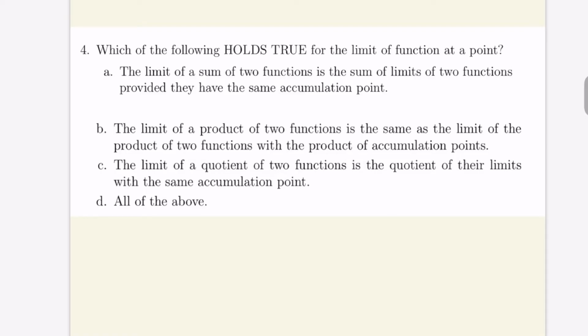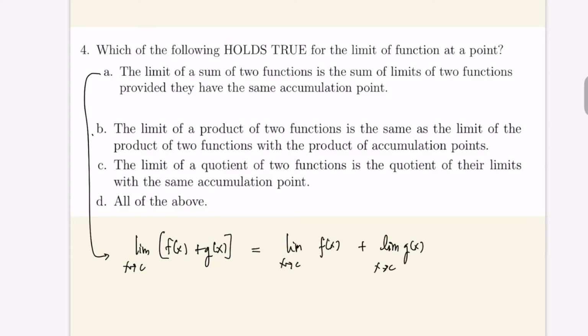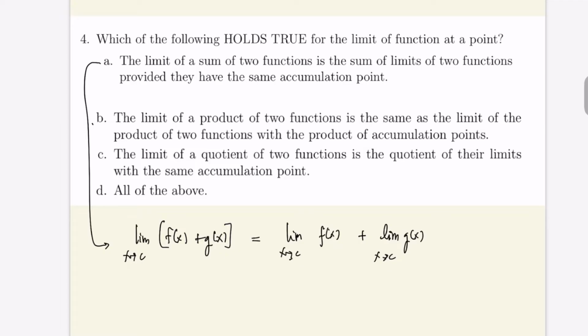So, yung interpretation natin dito sa A is limit of f of x plus g of x daw as x approaches C. Magiging sum of the limits. So, ganyan. Ito yung interpretation niya. And provided they have the same accumulation point.